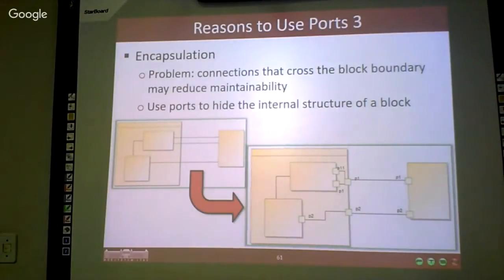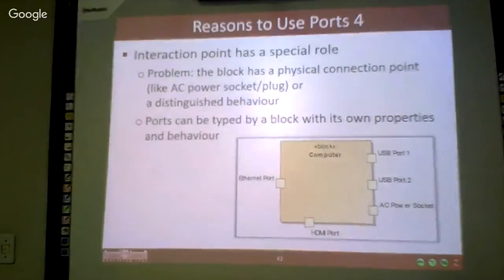The problem is that the connections can cross the block's boundary, and it is not good from the maintainability point of view, and you want to avoid that. You can just use ports to hide the internal structure of our blocks.